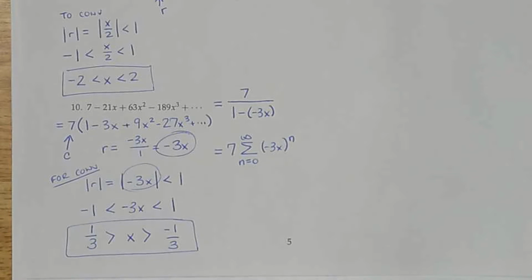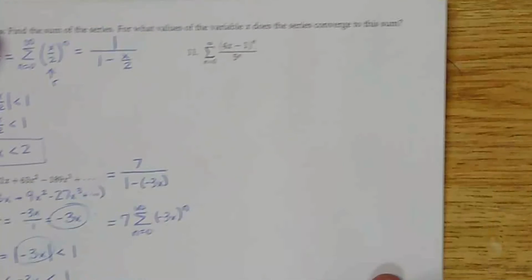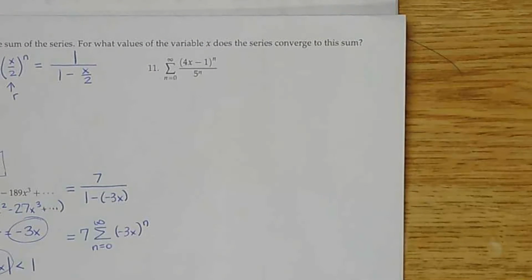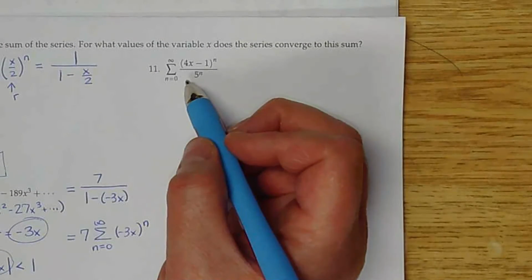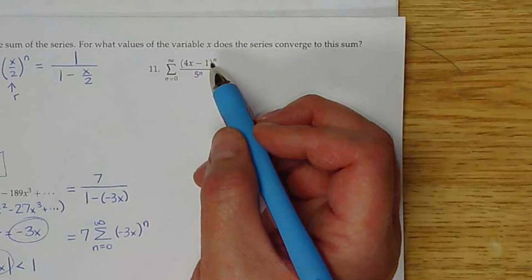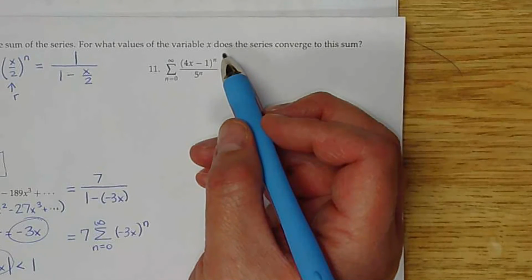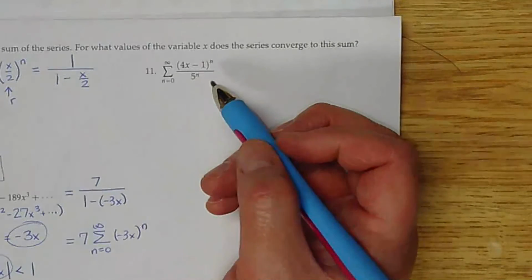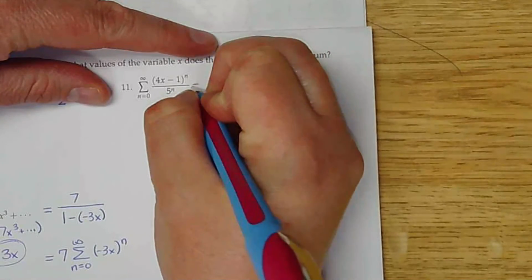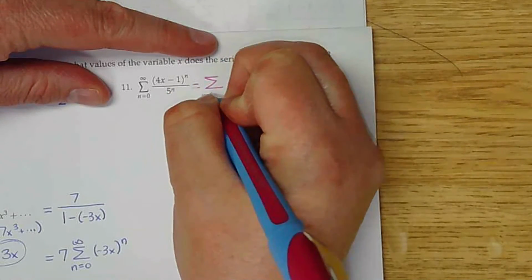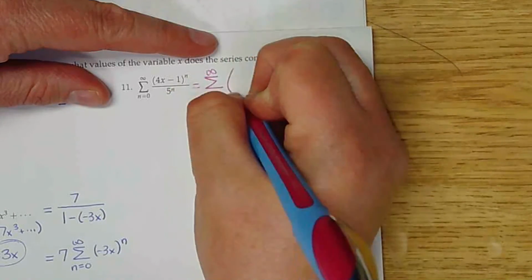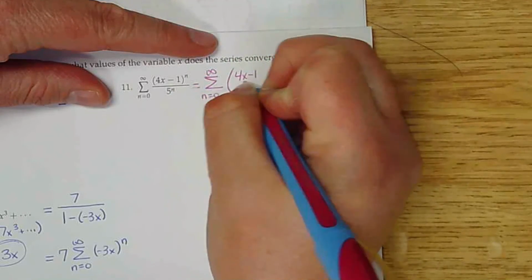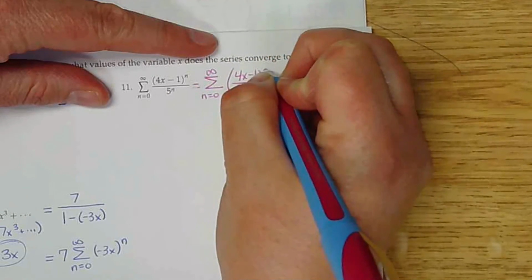All right, and then we have one last one, so number 11. I have the sum of n equals 0 to infinity of 4x minus 1, all raised to the n, over 5 to the n. So I'll go ahead and rewrite this one as the sum of n equals 0 to infinity of 4x minus 1 over 5, all raised to the n.